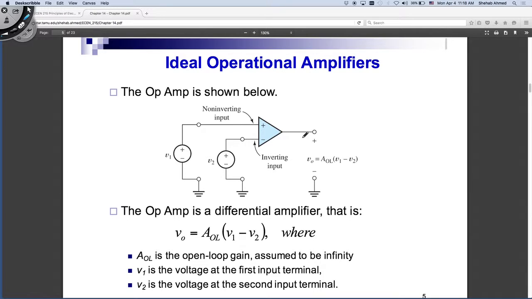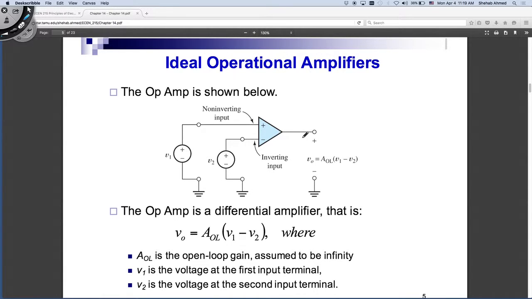We will only study ideal op-amps. We will not study the real op-amps in more detail. For most practical purposes, the performance of an op-amp should be ideal. If you're designing a super high frequency circuit with parasitics, that's a different story, right? But for most practical purposes, you can think of them as an ideal op-amp. An ideal op-amp has several definitions.